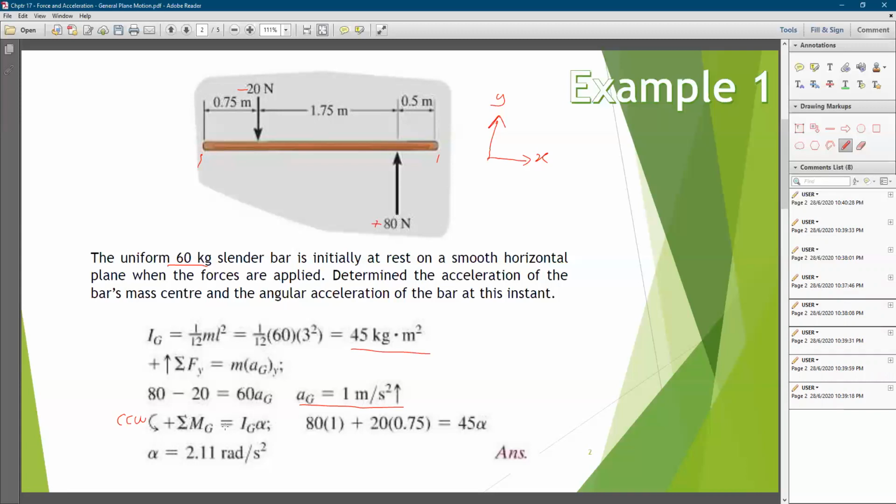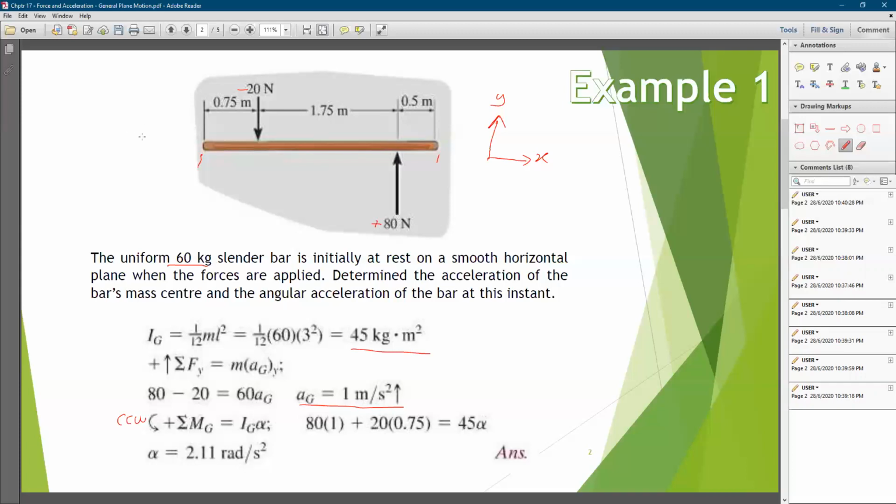Now we want to calculate the angular acceleration, where we look into the moment at point G. Point G is somewhere along this bar. Okay, and then 80 times 1 meter, plus 20 times 0.75.